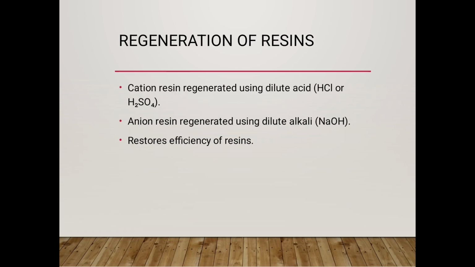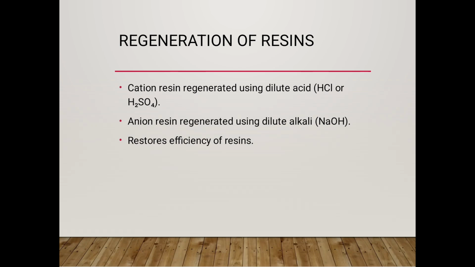Now one very big advantage in this process is that the resins used can be regenerated. It means that they can be brought into the same form as they were initially, to reuse them to remove hardness from the water. The cation resin is regenerated using dilute HCl or H2SO4.